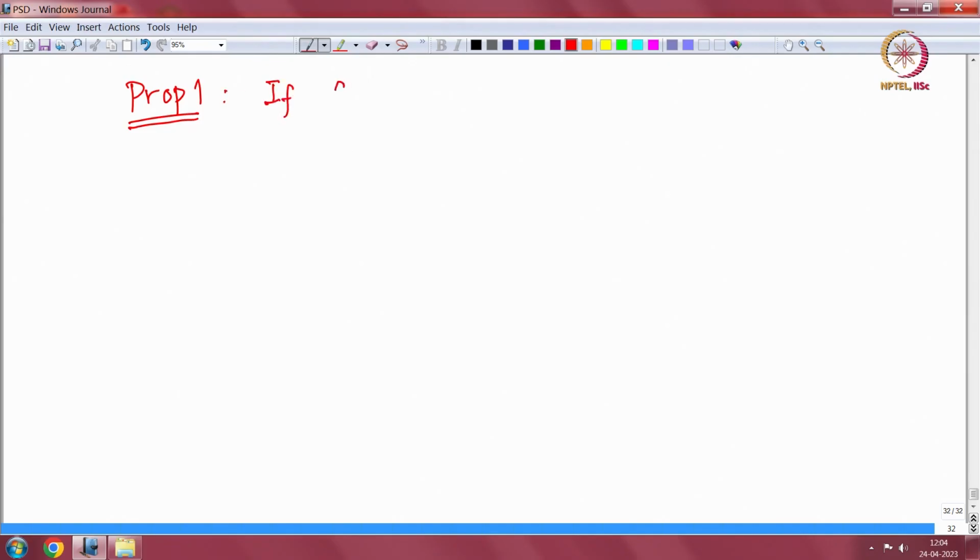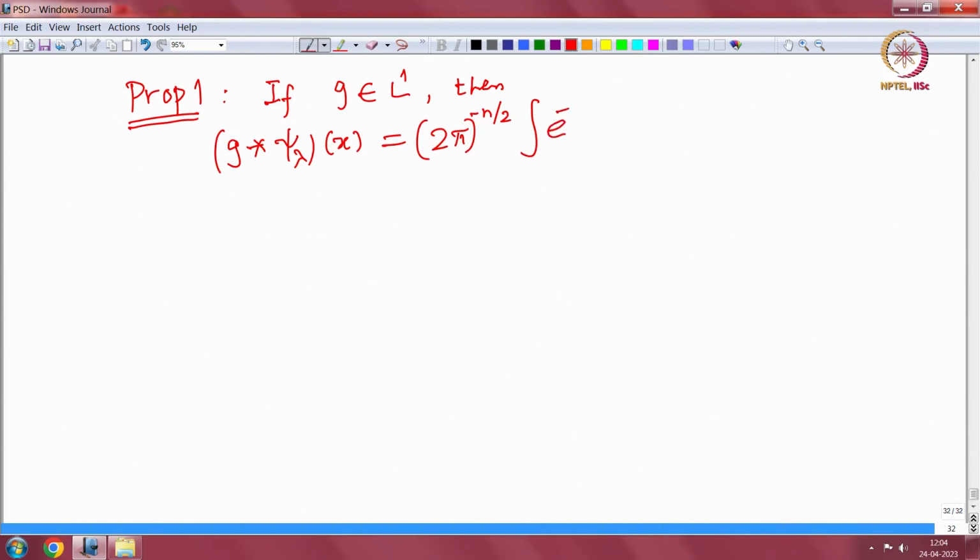So if g is an L1 function, then I compute this convolution g star psi lambda of x, which is equal to 2 pi to the power minus n by 2 times the integral of phi of lambda y, e to the minus mod y squared by 2, g hat of y, e to the i x dot y dy. Okay. So this is just computed.